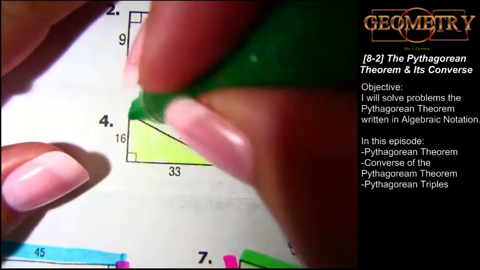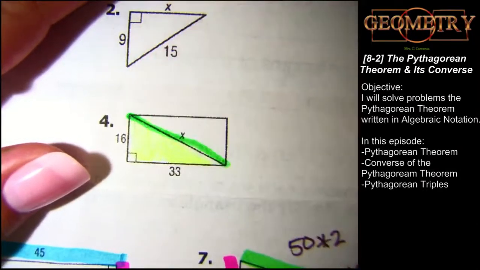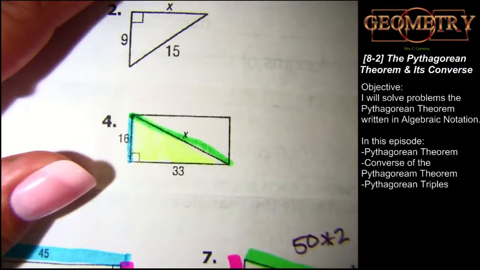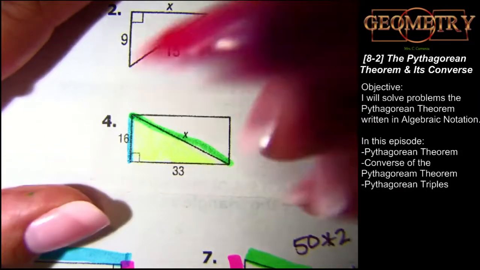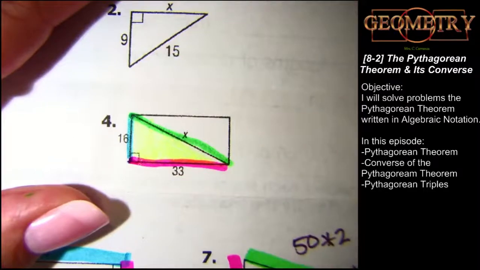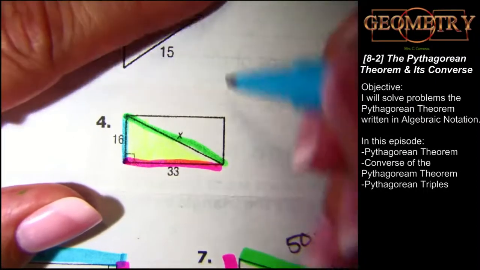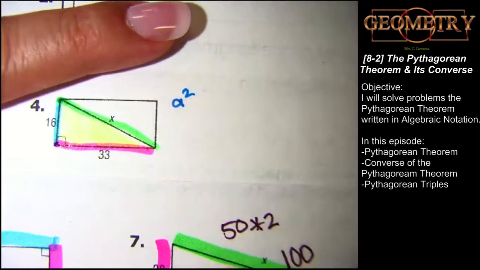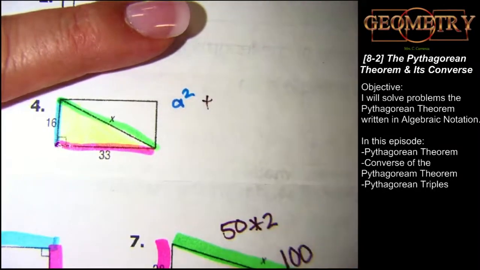So here's my hypotenuse. So that's c. One of my legs will be a. No one cares which one you pick. My other leg will be b. And then I can fill it into my formula from the Pythagorean theorem, which says a squared plus b squared equals c squared.